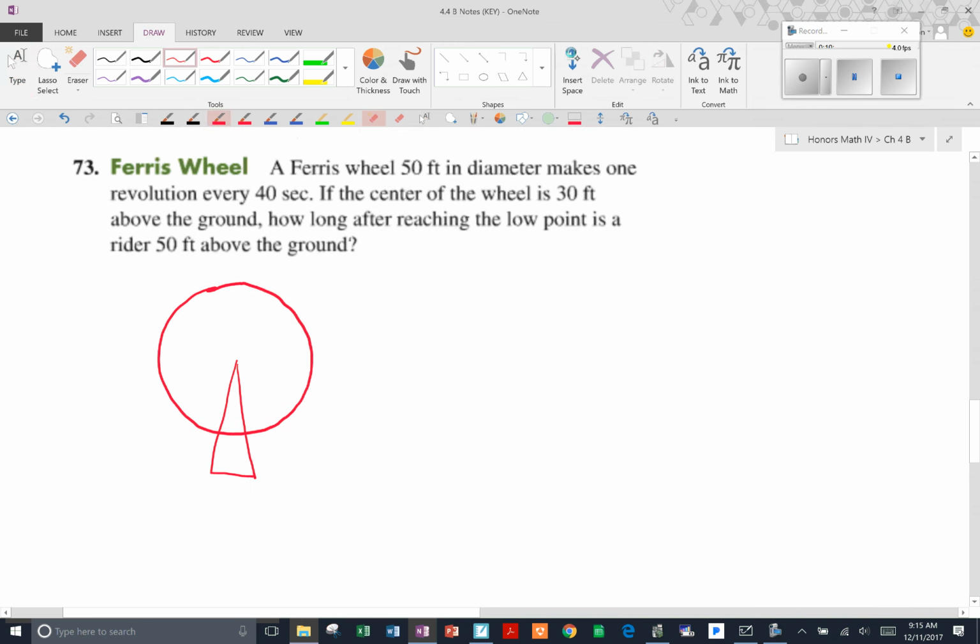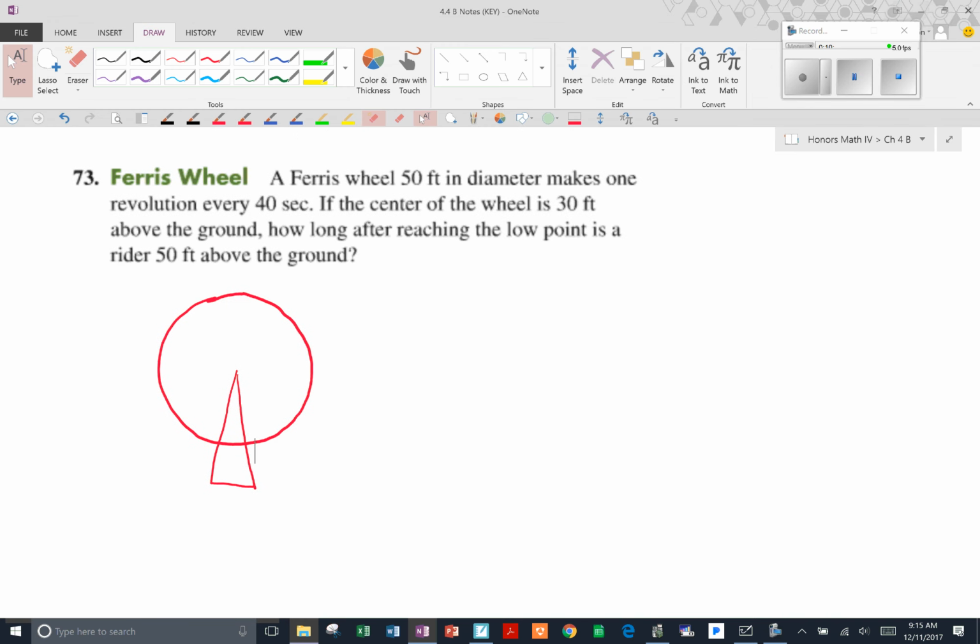All right. Let's put our dimensions on here. The Ferris wheel is 50 feet in diameter. The center of the wheel is 30 feet above the ground. So this is 30.